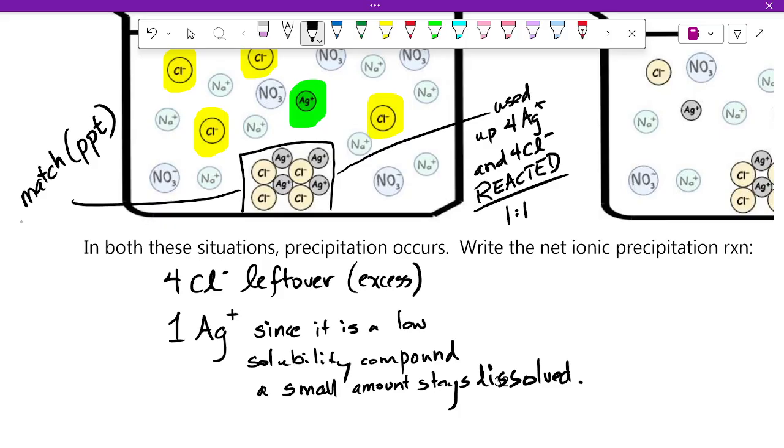Is there the same amount of chloride and silver? Are they 1 to 1? No. The silver and the chloride dissolved are not 1 to 1.